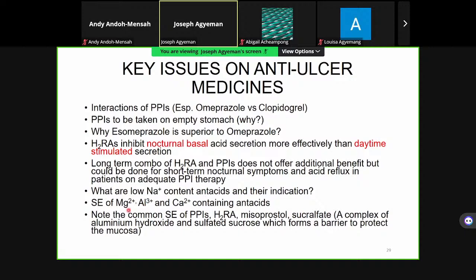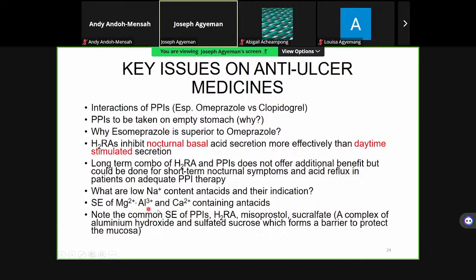Remember, some antacids contain magnesium, aluminum, calcium. Magnesium containing ones will give you diarrhea. Aluminum containing ones will give you constipation. This one, as we discussed, will give you rebound acid secretion.